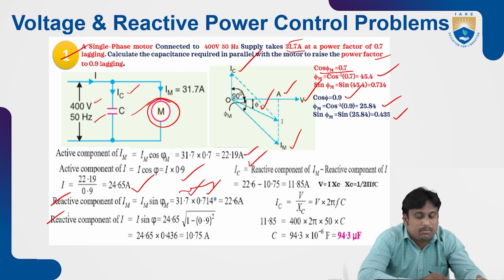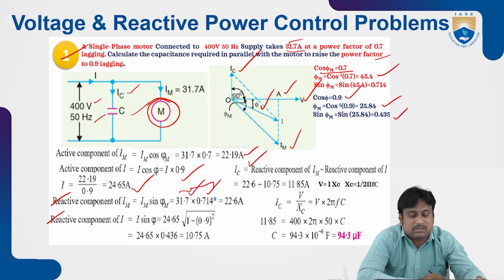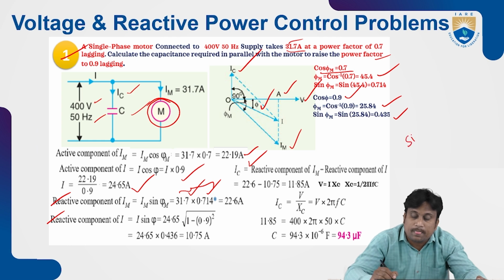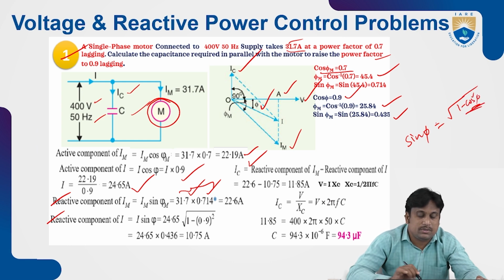So the reactive component of I is I sin phi. That is 24.65 times the square root of 1 minus cos square phi, where cos phi is the power factor. Sin phi becomes the square root of 1 minus cos square phi. Here cos square phi is substituted as 1 minus 0.9 whole square.